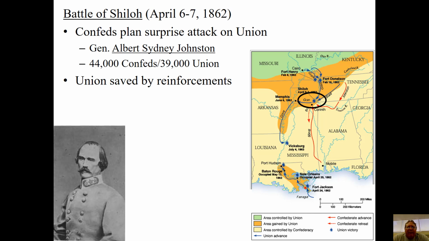So he gathers up about 40,000 Confederate troops, and he knows that the Union Army is kind of strung out at this point in southern Tennessee. And he decides to hit part of it that's the most isolated, near a small town in southern Tennessee called Shiloh.